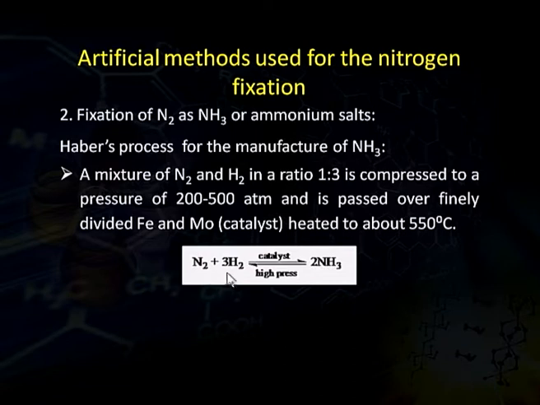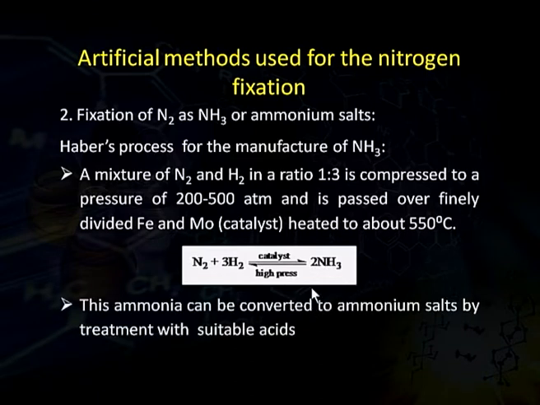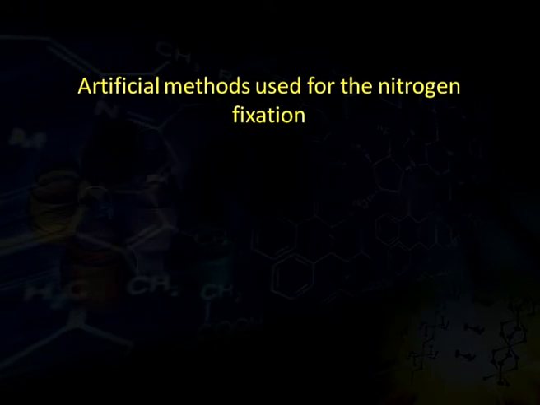So, here nitrogen combines with hydrogen in the presence of catalyst and at high pressure to form ammonia. This ammonia can further be converted to ammonium salts by treatment with suitable acids.